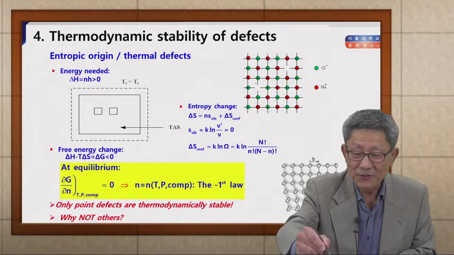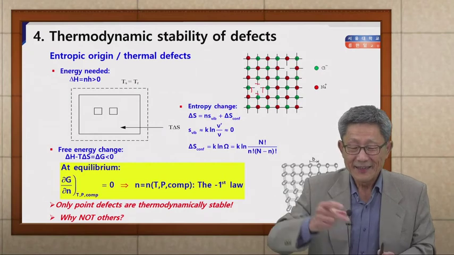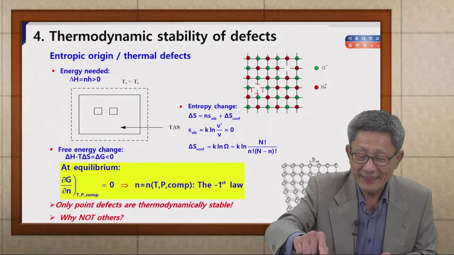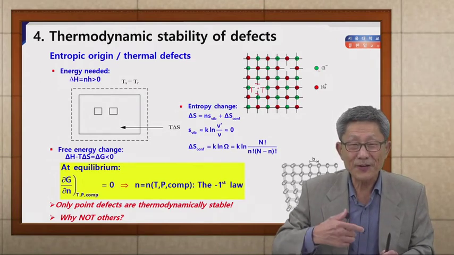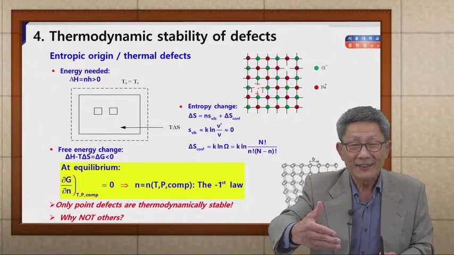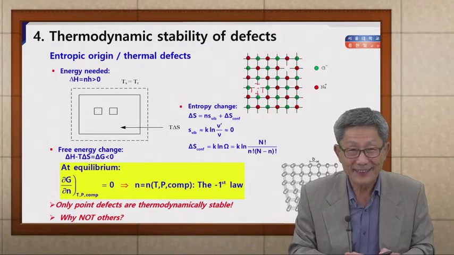Well, you see, you have to cut this bond here. What does that mean? Cutting the bond to take this ion out means you have to do work on the system. Working on the system means an increase of energy.